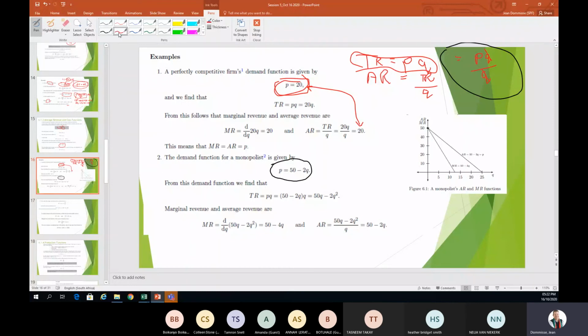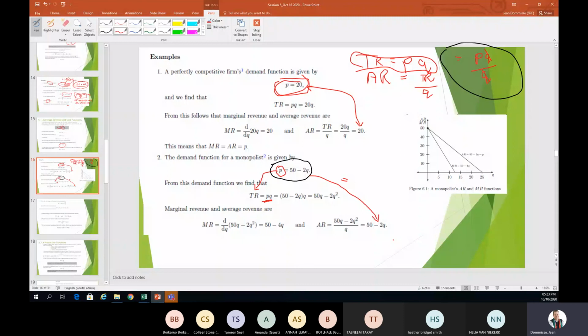But if you just follow the same principle, because that is P, in total revenue you're going to say again P times Q. If I don't give you Q, for your average you will again divide by Q. So here you will see that your average will again be exactly the same.